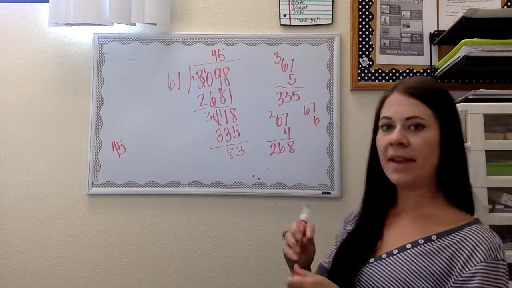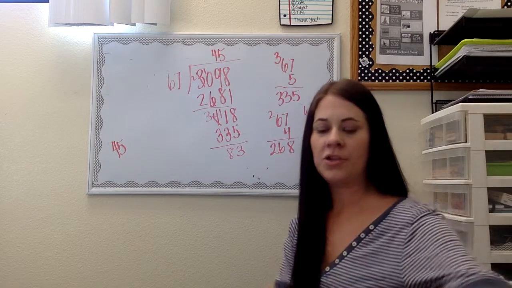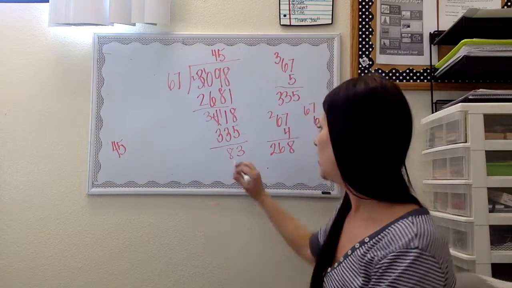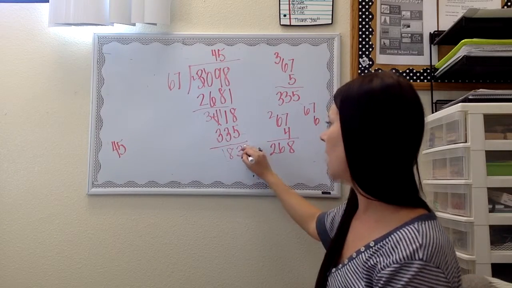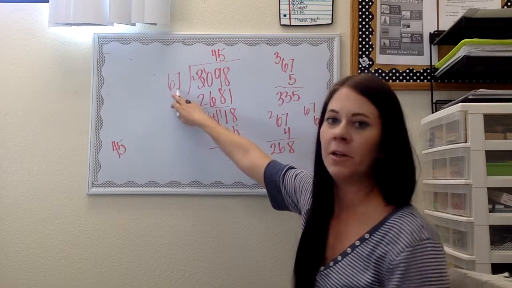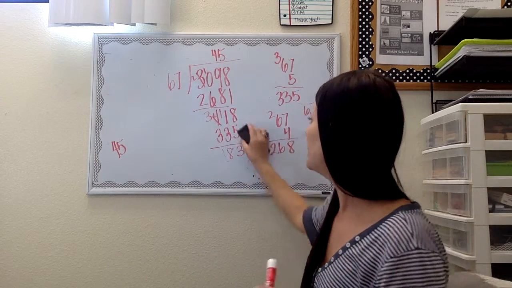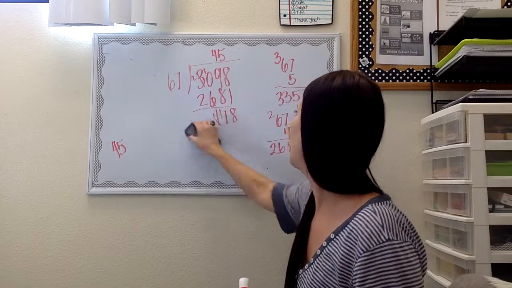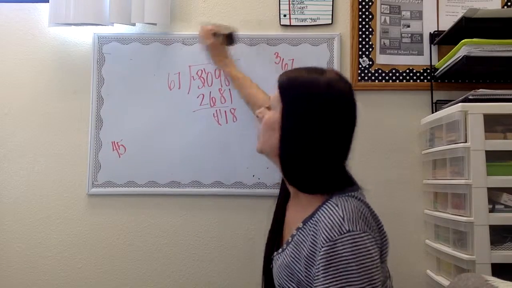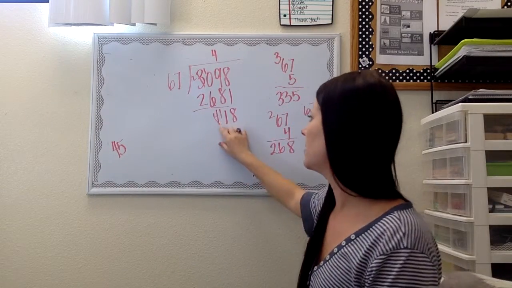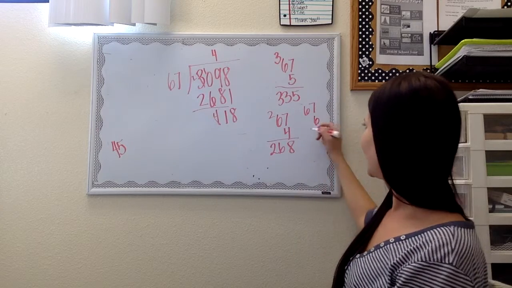Okay, so this is kind of error analysis right now. And you may have this happen to you. As soon as you see that your subtraction resulted in a number bigger, then you didn't go big enough on your number up here. So all you have to do is erase this, come back to here. You don't have to redo the whole problem. Okay, and reevaluate. So we're going to try times 6 instead.